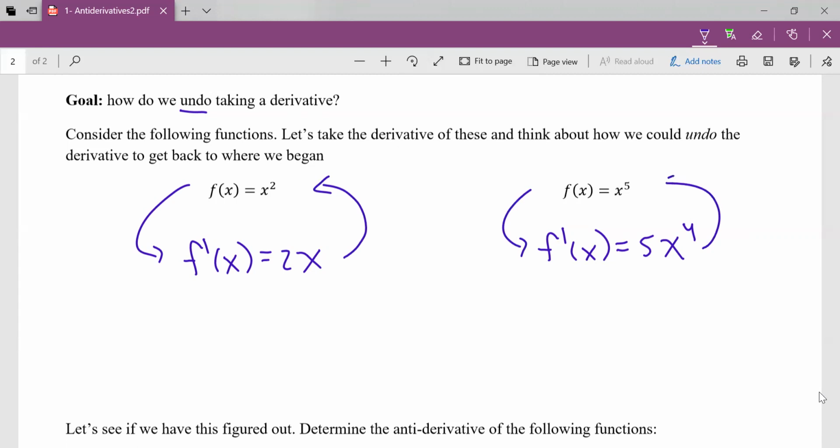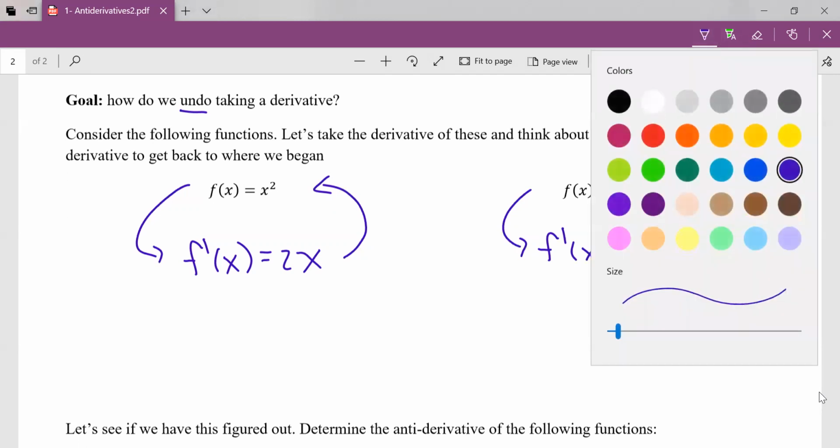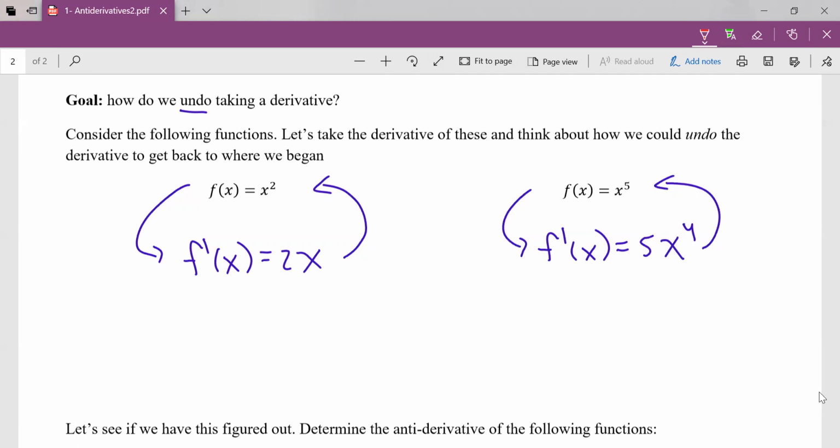Well, what we're really trying to do here is undo the power law. So to take the derivative, we said, okay, we're going to multiply by the power and then reduce the power by 1. Multiply by the power, reduce the power by 1. Well, if we want to undo that, we're going to do that in the opposite order. So instead of subtracting 1 from the exponent, we're going to add 1 to the exponent.